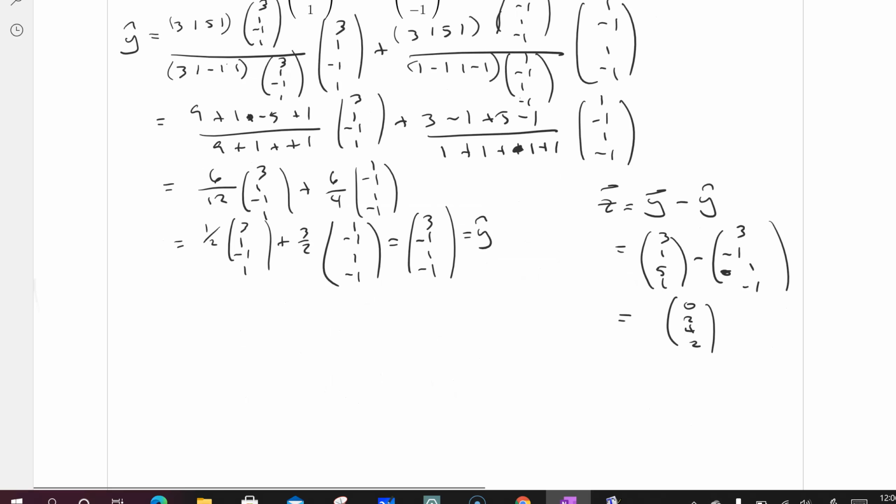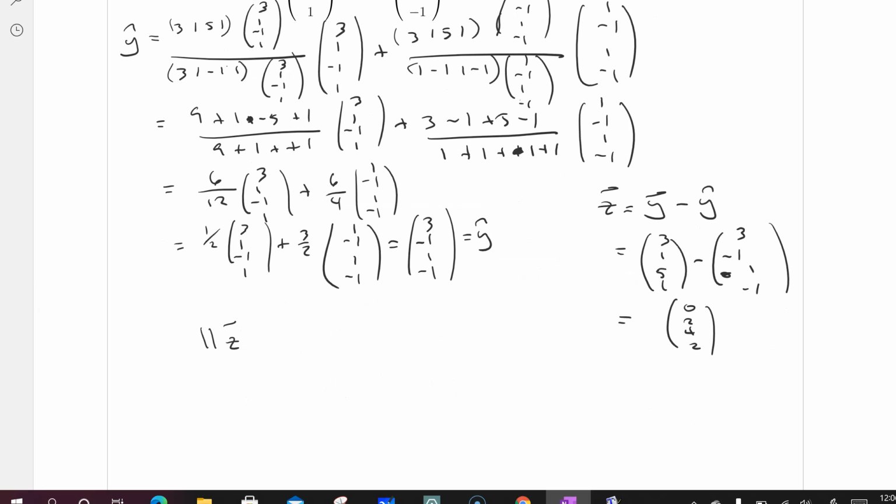So that's my z. Then the length of z is the distance between y and y hat. That gives me 0 squared, 2 squared, 4 squared, 2 squared, so 4 plus 16 plus 4, which gives root 24. That is the distance y is away from y hat.